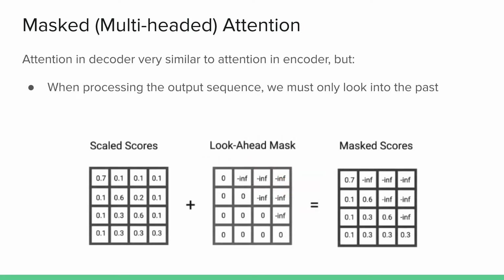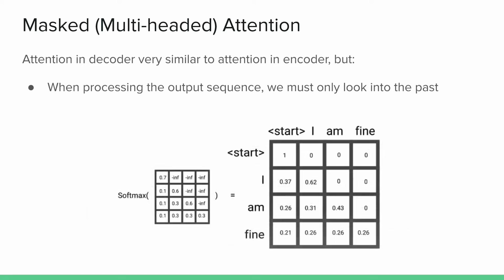We have our scaled scores that we compute exactly in the way that we did for our encoder, and we add this so-called look-ahead mask, which is just minus infinity for the right top part of our matrix. If you sum these up, you get those masked scores where all of the right top part of our matrix is minus infinity, and after normalizing this, those will become 0, which is exactly what we wanted to have.